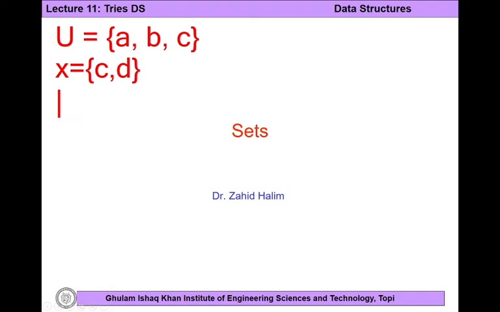Rather, I should have named set u something else, because now I'm going to use another operation. For example, if I say x intersection u, the resultant set will be the common values between set u and x, and the common value is only one, which is c. So this is the resultant. So we are talking about these sets here.